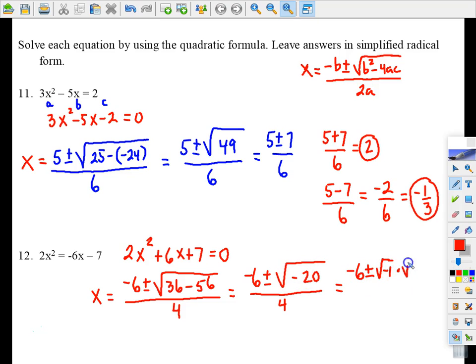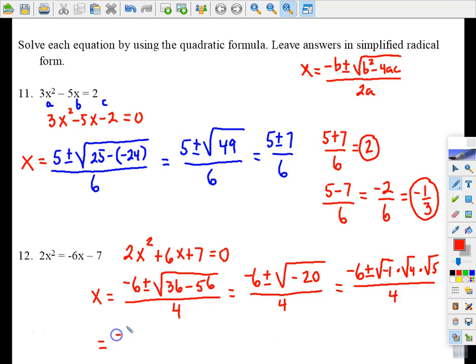And I'm going to use the perfect square number 4 times the non-perfect square number 5. Okay, so all I really did from here to here is I found another way of writing the square root of negative 20.